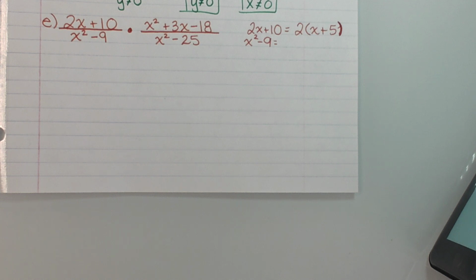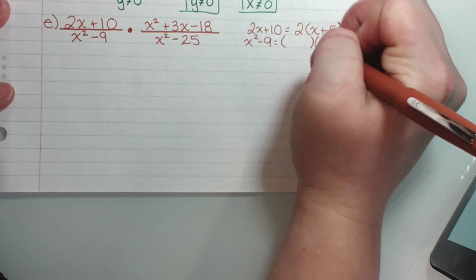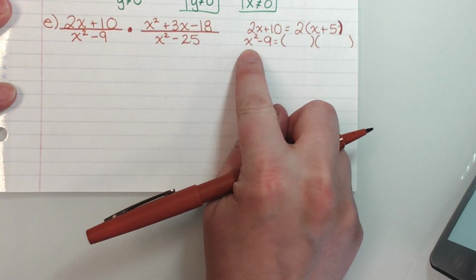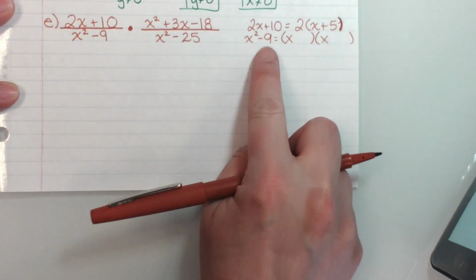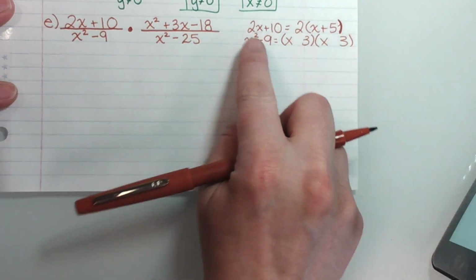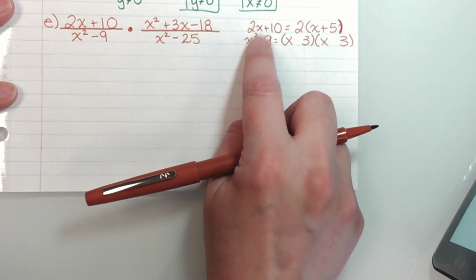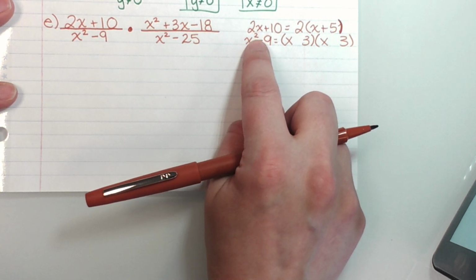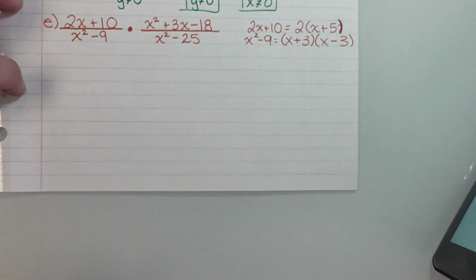But it is a difference of squares. The first thing that got squared, x, starts in both. The second thing that got squared, 3. Has to be a difference. If it's not minus, it doesn't factor. If it's a plus sign, it does not factor, even if it was x squared plus 9. One's a plus, one's a minus.